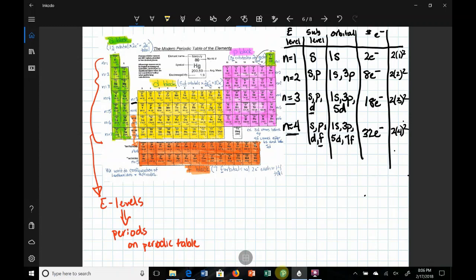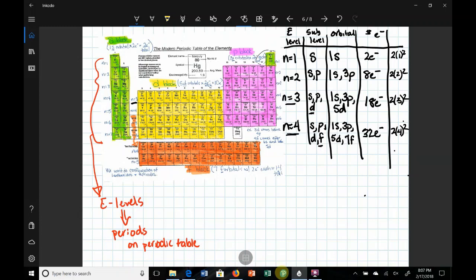We will focus on our representative elements in groups 1A, 2A, 3A, 4A, 5A, 6A, 7A, and 8A, and a few in the D block, some of these transition metals.